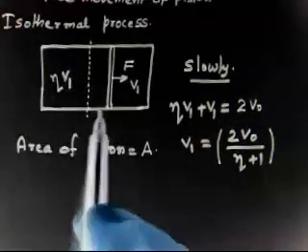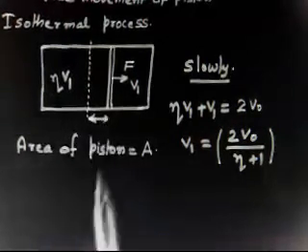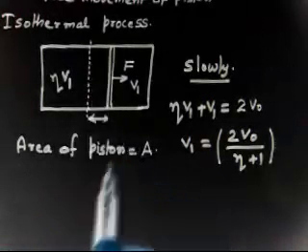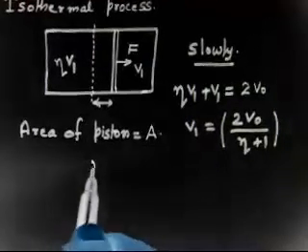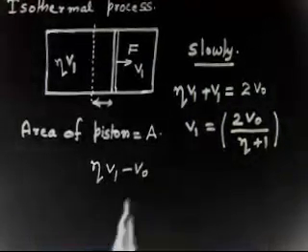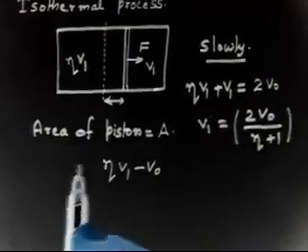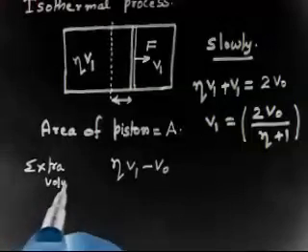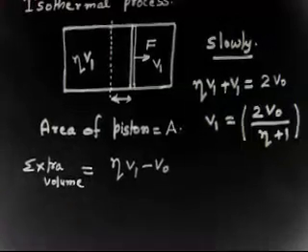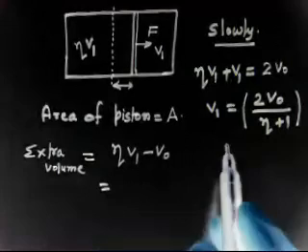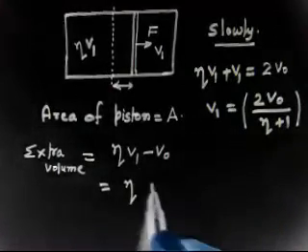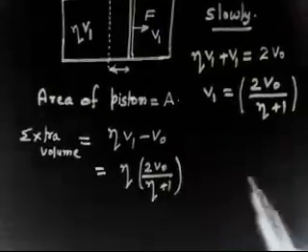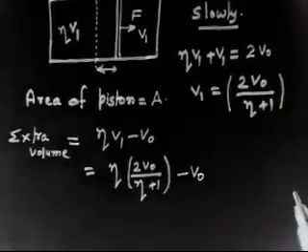The extra volume we have, I am interested in this volume, will be eta V1 minus V0. Are you getting? So this is the extra volume. What is the value of V1? V1 is 2V0 divided by eta plus 1, and minus V0 is the extra volume.